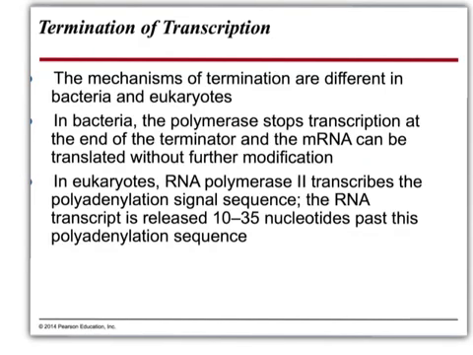All right. Termination. So we have this million base pair stretch of DNA, and we particularly want a couple thousand base pairs of that million base pair stretch to be part of your gene.